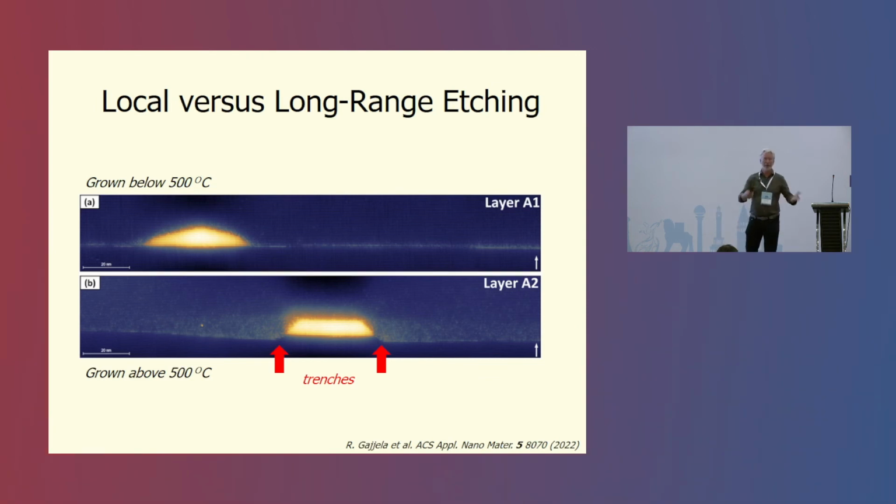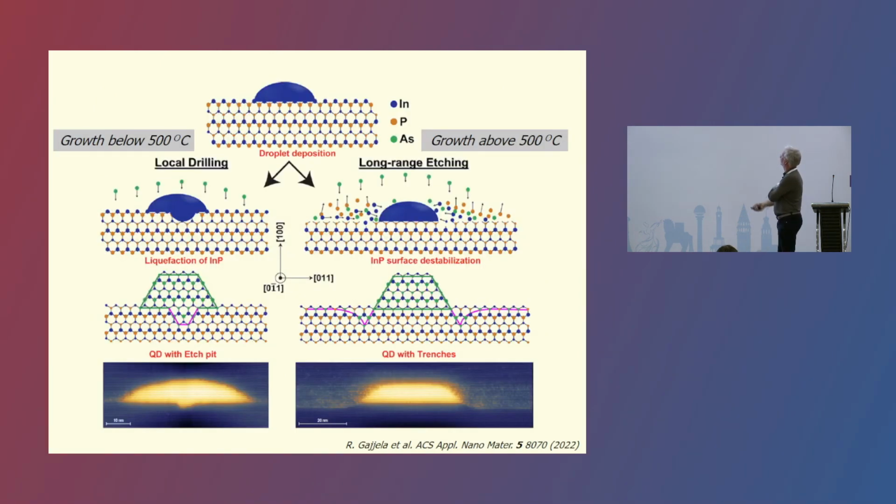And with further work, we showed with the people in Sheffield what the processes are. Below 500 degrees centigrade, we have the local etching underneath the dots, giving rise to these edge pits, whereas for growth above 500 degrees centigrade, the indium phosphide surface becomes unstable. Indium atoms can move towards the dot, towards the droplet.